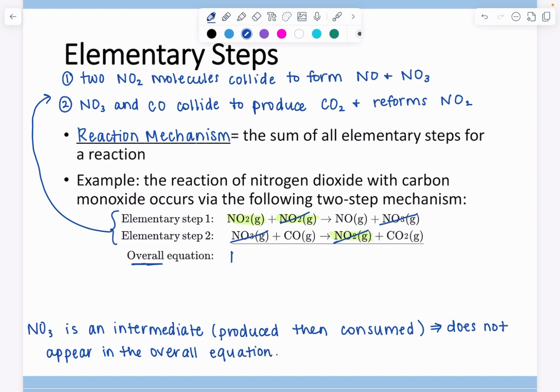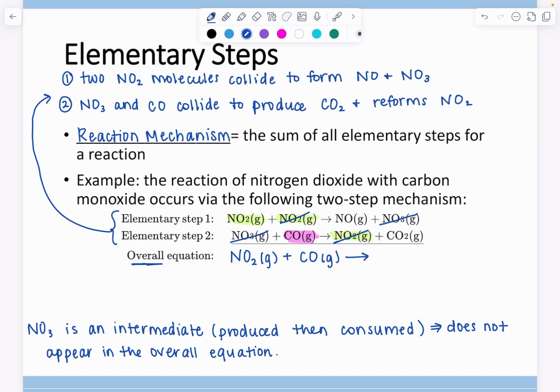The other one appears in the overall equation. So we have 1 mole of NO2 gas. Now if we look at CO, that is the only location I see carbon monoxide. So that remains a reagent. And then that takes care of all of the reagents in these elementary steps.